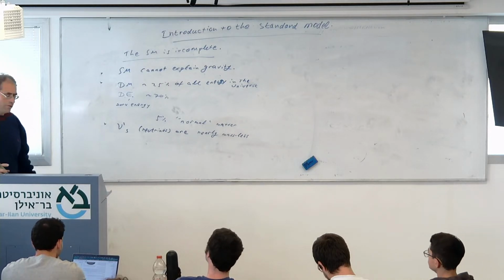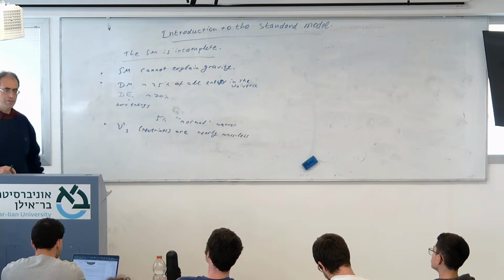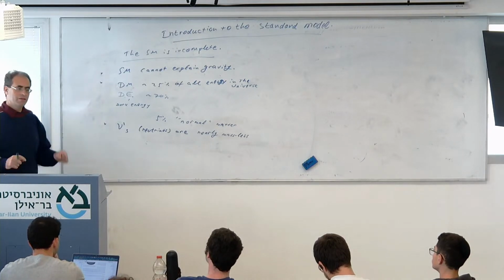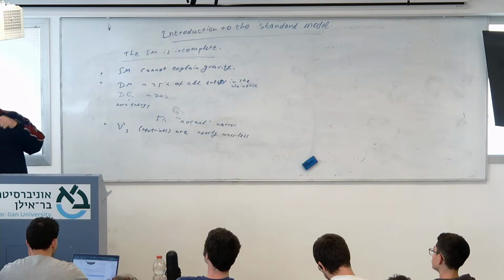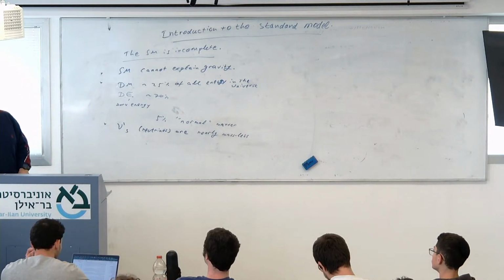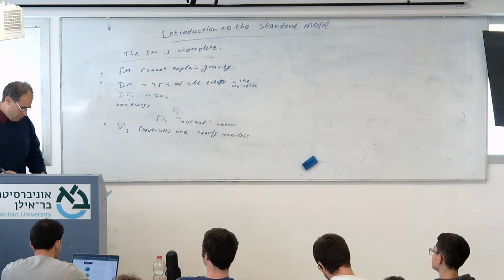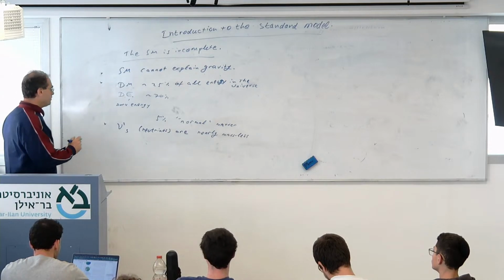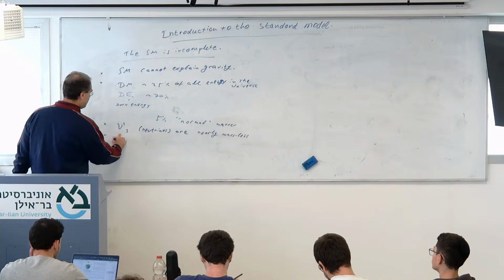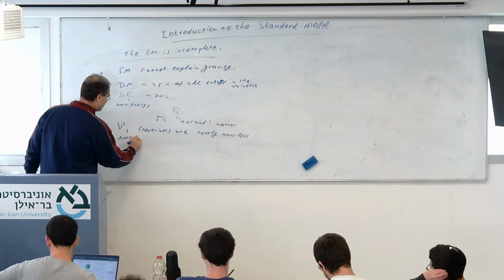Then we saw a phenomenon which is known as neutrino oscillations. I don't know if we'll have time to discuss that. Essentially, one neutrino can convert into another neutrino, and that can only occur if the neutrinos have mass. That's another problem. The third problem is what's called the matter-antimatter asymmetry.